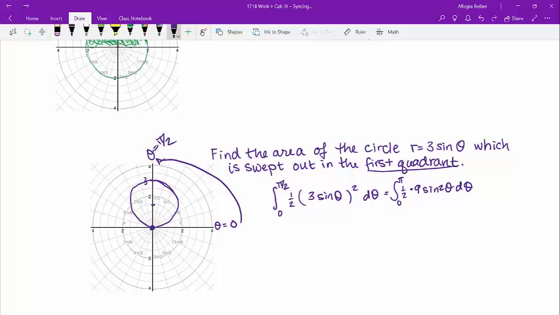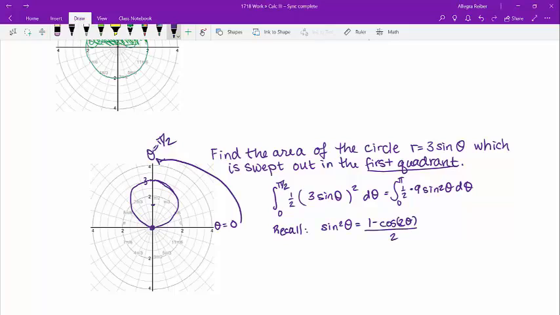Now I'm going to need to use a trig identity to continue this problem. The one we're going to want is the half angle identity. Recall, and these are worth memorizing, that sine squared of theta is equal to 1 minus cosine of 2 theta over 2.